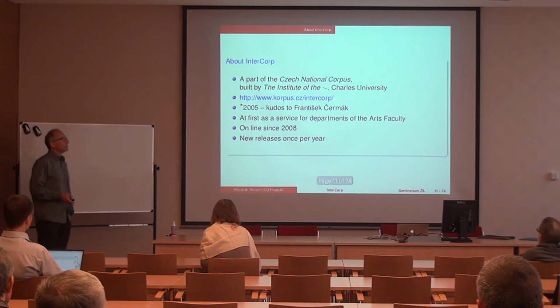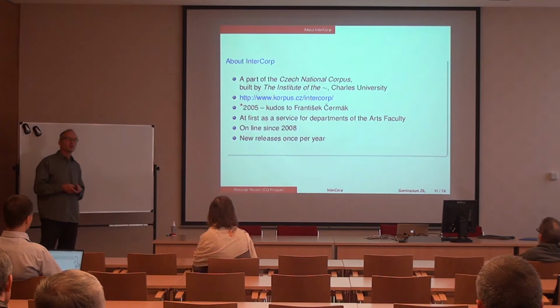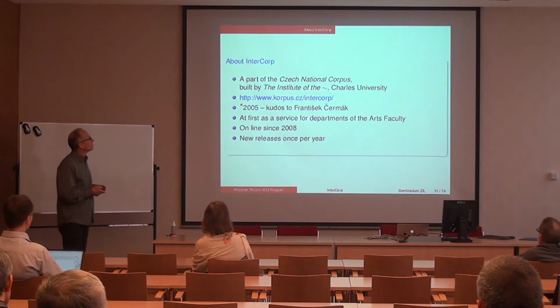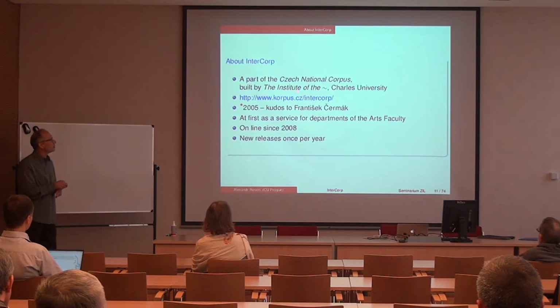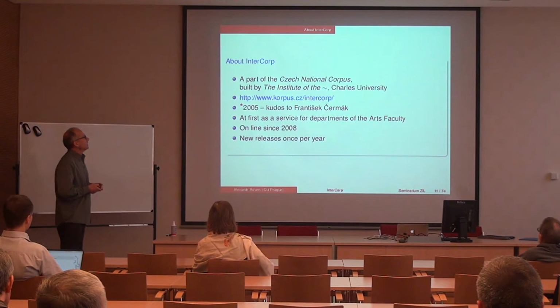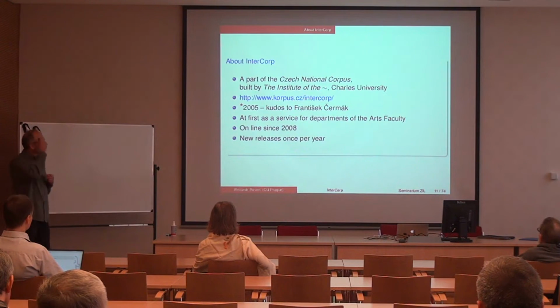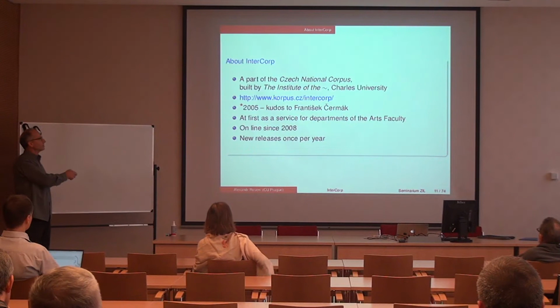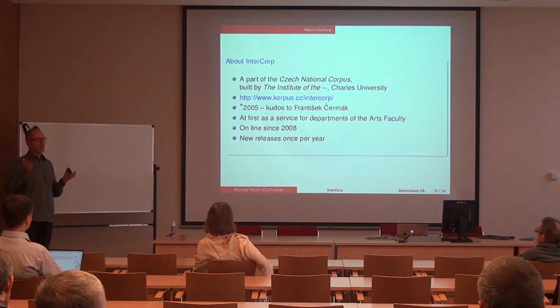So InterCorp, that's the name for the Czech parallel corpus. It's a part of the Czech National Corpus. It's built by the Institute of the Czech National Corpus at the Charles University, the Faculty of Arts. This is the interface. The whole thing was started by Professor Čermák in 2005. It was not online.